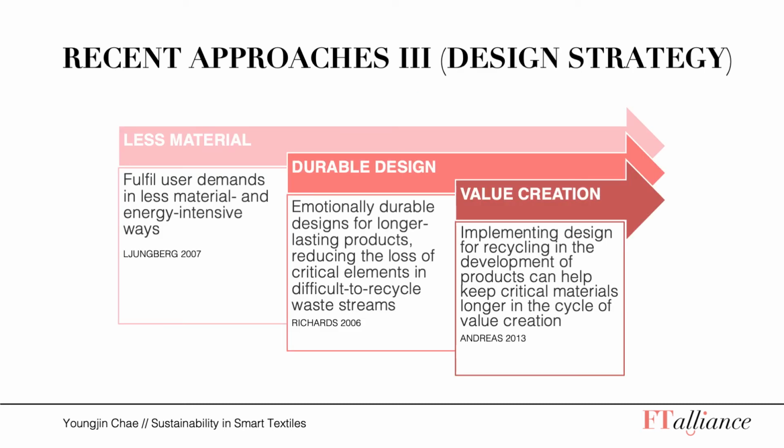Another solution for sustainability in smart textiles has been discussed through different levels of design strategy. Design strategy for sustainability was first claimed to fulfill users' demands in less material and energy intensive ways in 2007. Also, emotionally durable design has been suggested to reduce the loss of critical elements in difficult to recycle waste streams through longer lasting products.